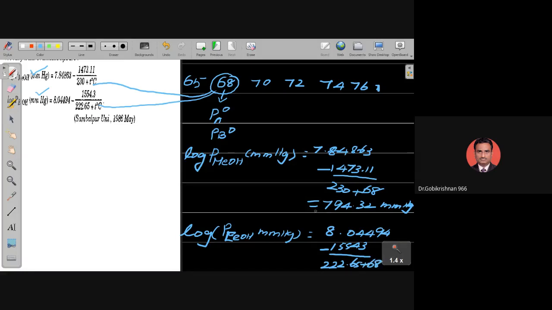Now find the value of the right side, and take the anti-log. You will get the answer. Let me know what answer you are getting for the second expression.